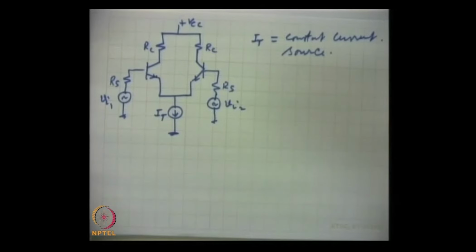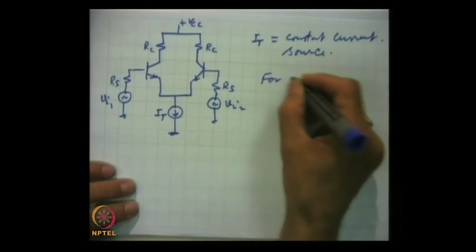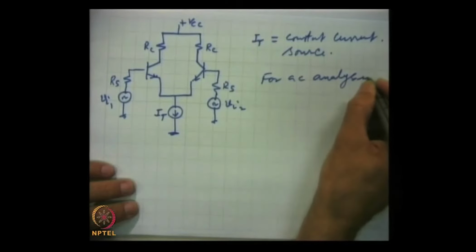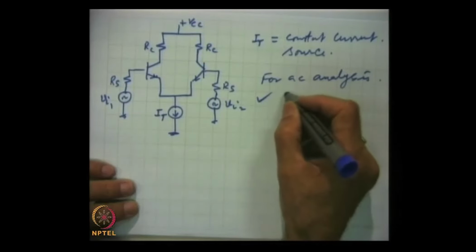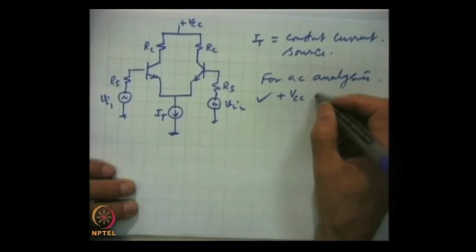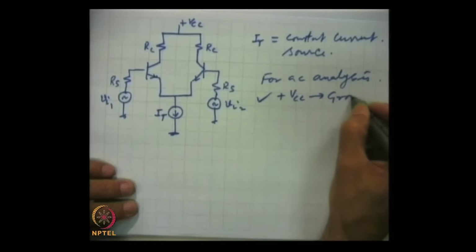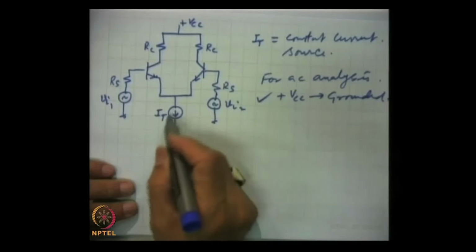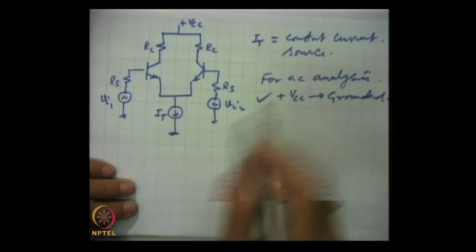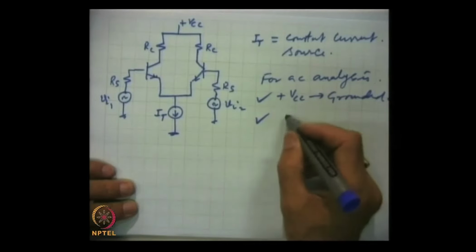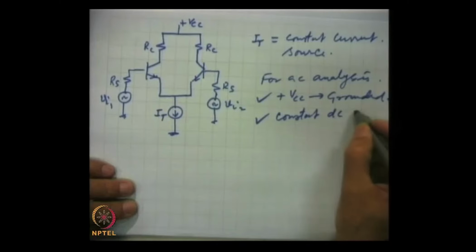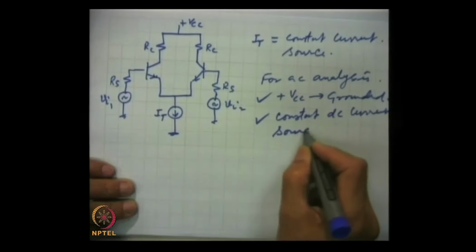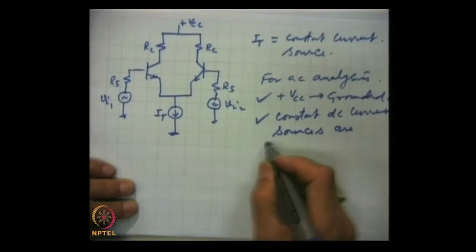I write here for AC analysis, the rules are, which we have talked many times, that VCC, the DC voltage sources have to be grounded, and because constant current source we are using for the first time, so we should write that constant DC current sources are open.